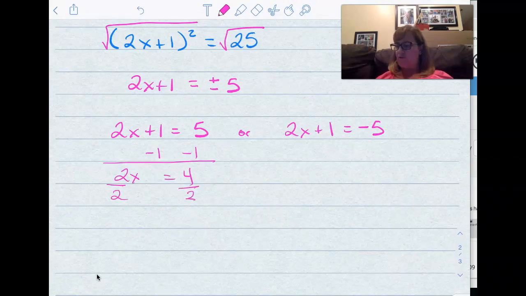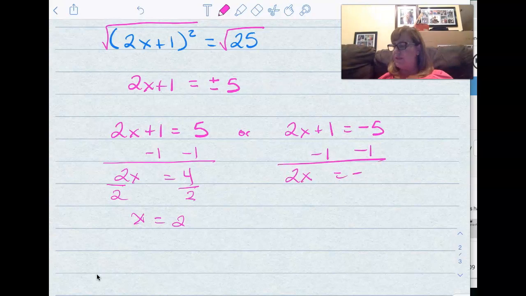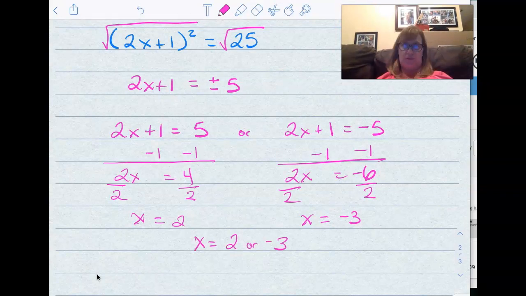Multiply by the reciprocal. You've got x equals 2. Do the other one. You get 2x equals a negative 6. Multiply by the reciprocal, and you get x equals a negative 3. So your answer would be x equals 2 or negative 3. All because you have to take that square root first.